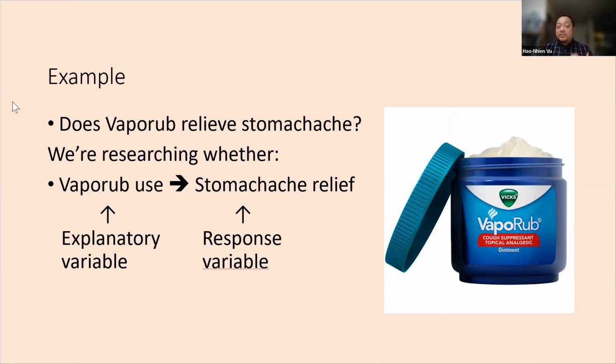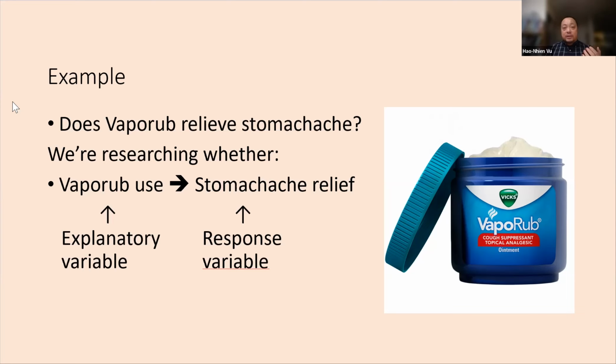The way you figure this out is to think like this. Suppose it works, suppose Vapor Rub relieves stomachache. Then when you put Vapor Rub on, the body responds and the stomachache gets better. So stomachache relief is the response variable.